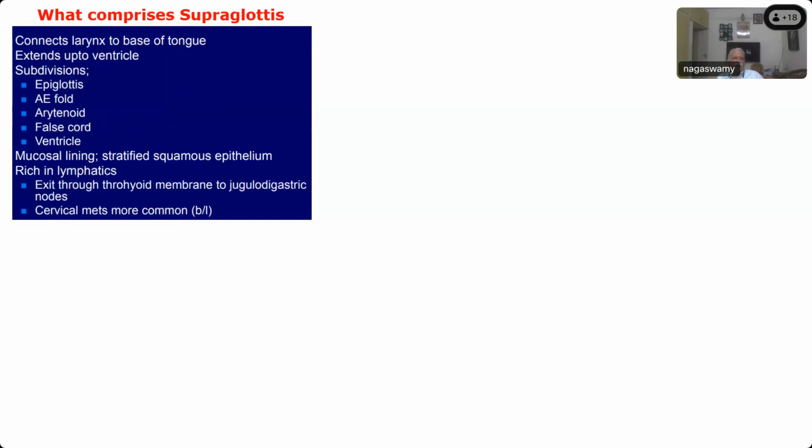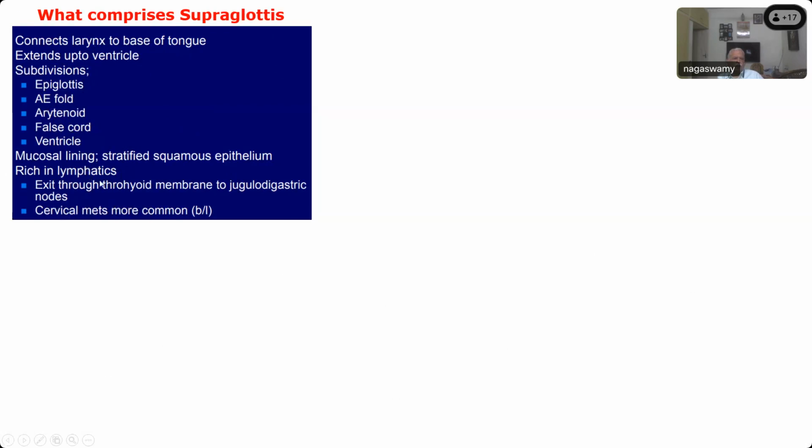What are the structures which comprise the supraglottis? We saw in the earlier picture. The purpose of the supraglottic area is that it connects the larynx to the base of the tongue. It is divided into epiglottis, aryepiglottic fold, arytenoid, false vocal cord, and ventricle, and the mucosal lining is made of stratified squamous epithelium.